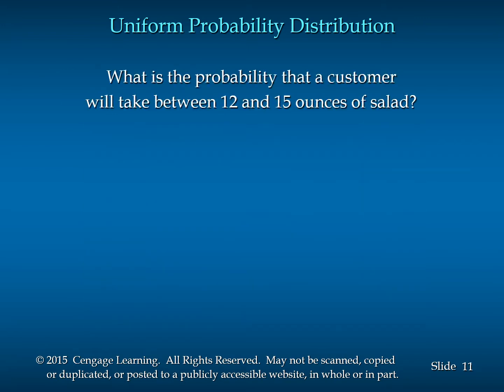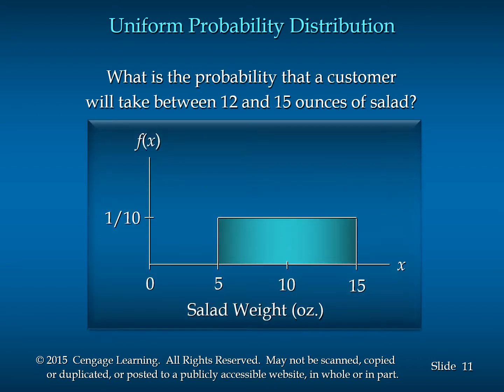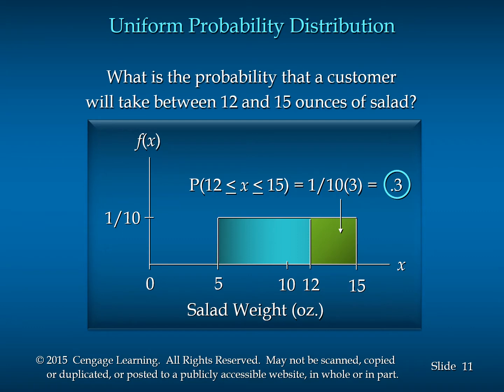Rule of probabilities: the sum of probabilities for all possible outcomes must equal 1. Looking at this example, then, we know that the total area under the graph is 1. To determine the probability of being in an interval, for example, of from 12 to 15 ounces, that's equivalent to the area in that interval as a fraction of the total area of 1.